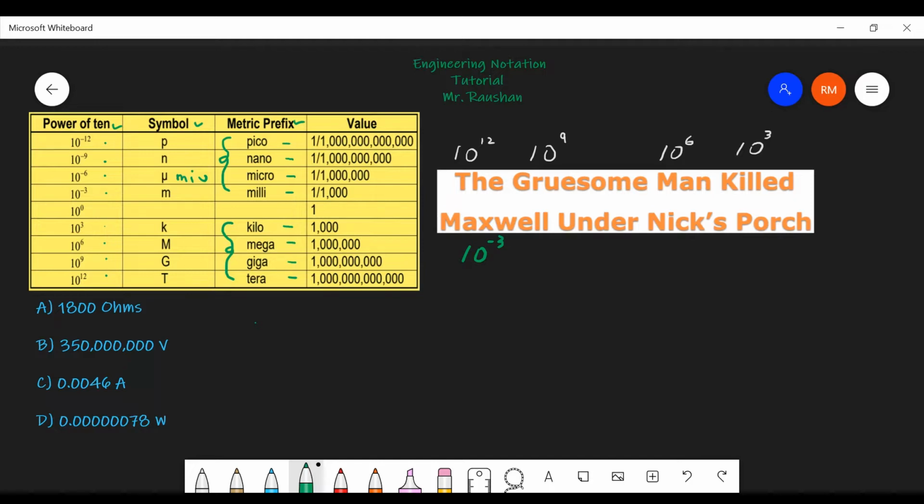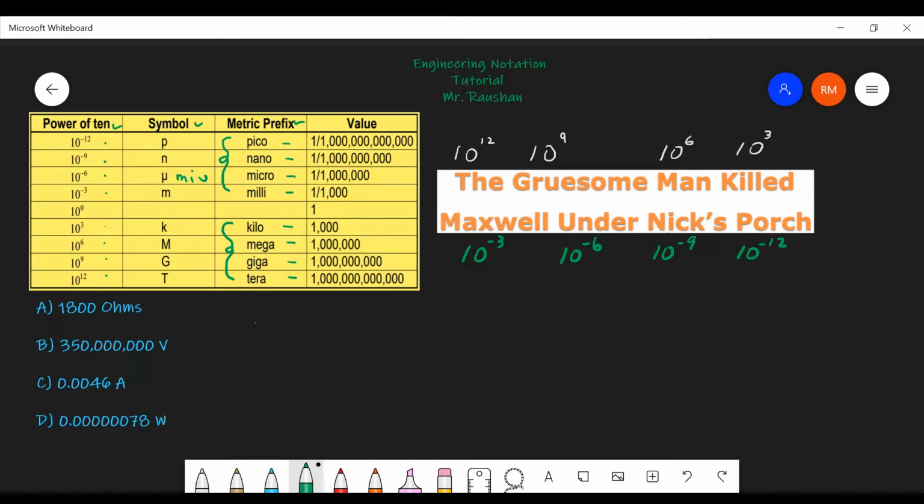The symbol is known as mu. It's closest to the letter U in the English language, so we'll use the letter U for this. This is 10 to the negative 6. Nick is nano, 10 to the negative 9. And finally, P is pico, porch, 10 to the negative 12.